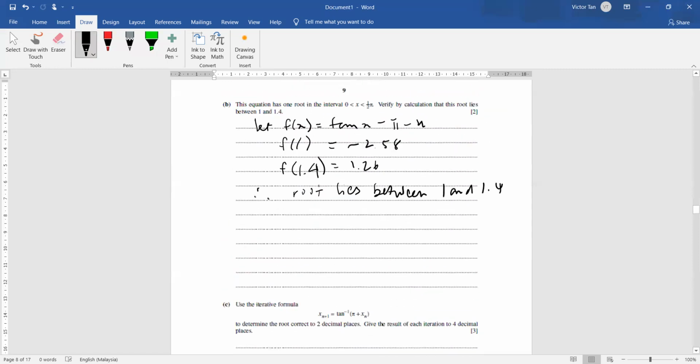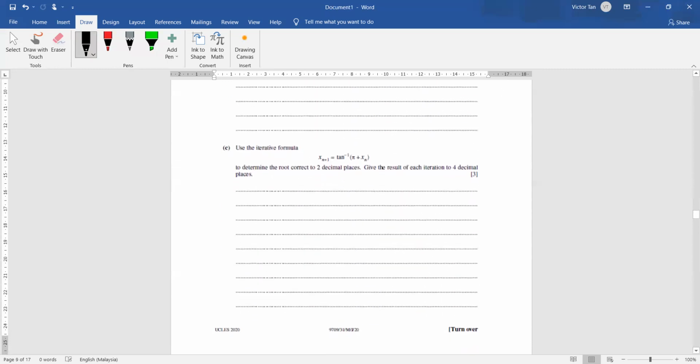Good enough. Using the iterative formula, determine the root correct to 2 decimal places, giving the result of each iteration to 4 decimal places. So I would like to always solve my questions. So I will put the first approximation as 1.2, x1.